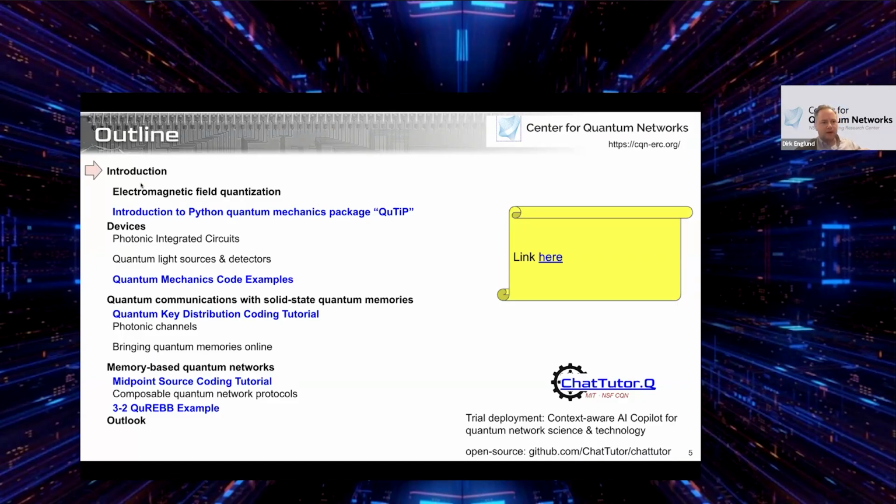What is the rate of entanglement generation between randomly selected nodes in a network? Are two quantum computers, one network, better than if they're not networked? These kinds of things. I want to give you the tooling for that so that you're equipped to explore some of these questions on your own. Or with the chat tutor at least, with an AI tutor.